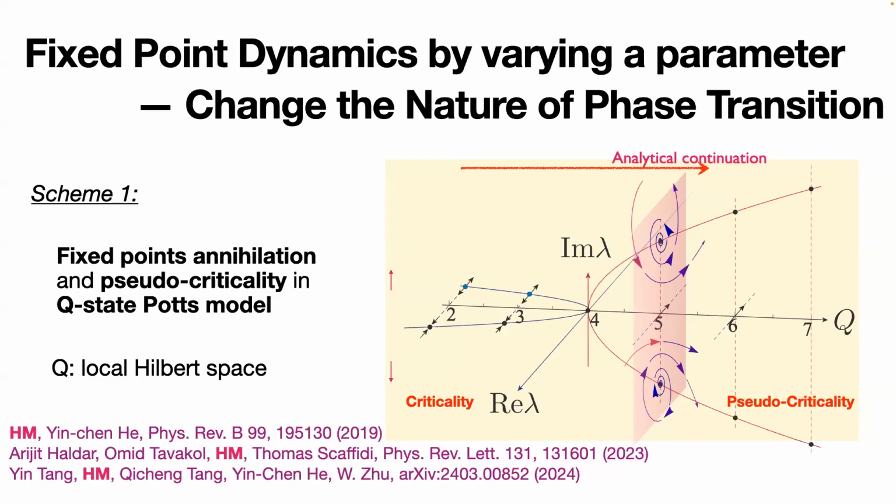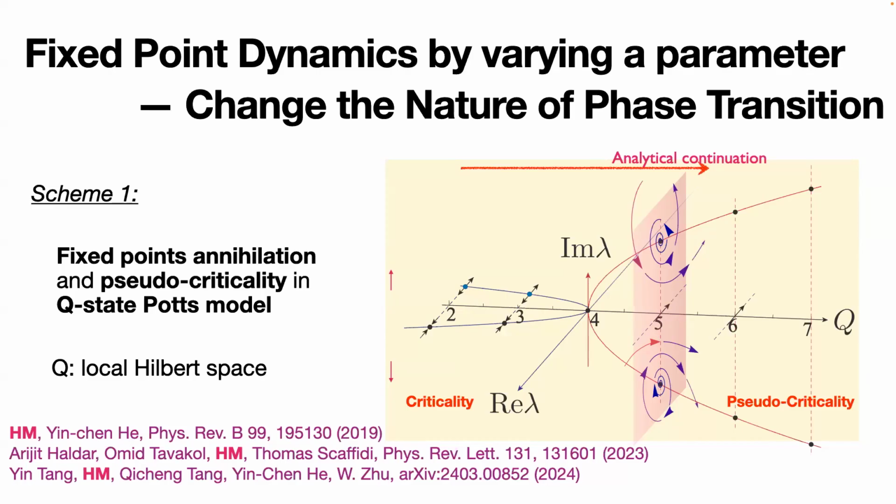So this is the physical consequence. And this is the theoretical tool we're going to use to detect or verify whether this physical consequence happens or not. So I will list several scenarios in which the fixed point dynamics would change the nature of the phase transition.